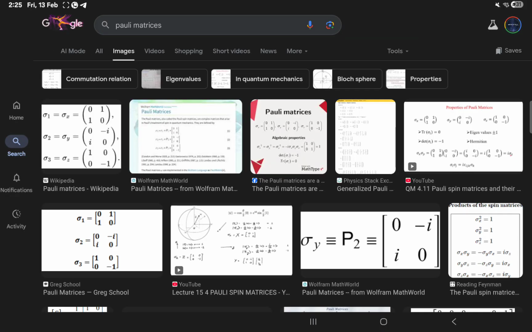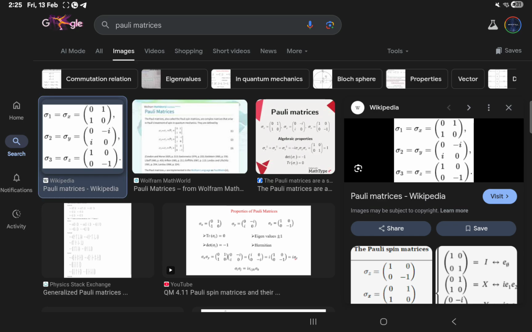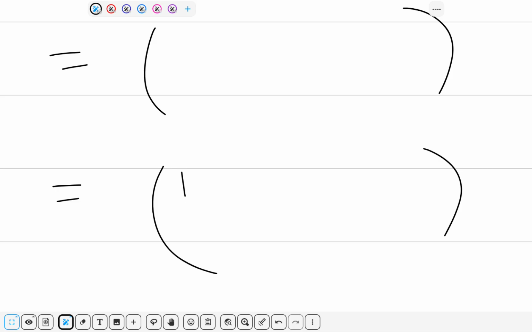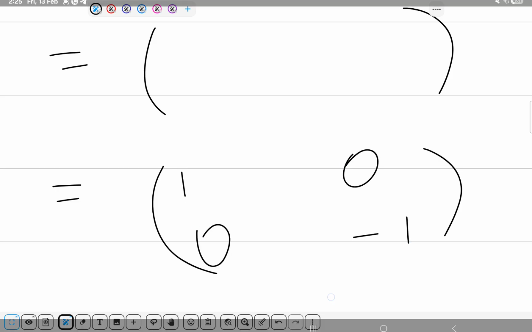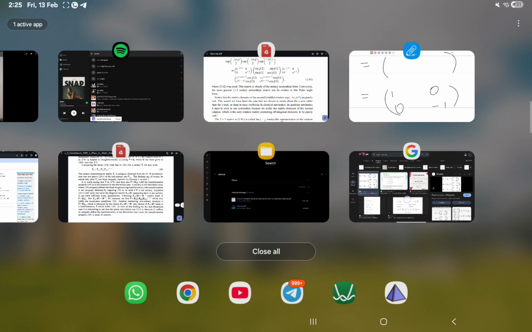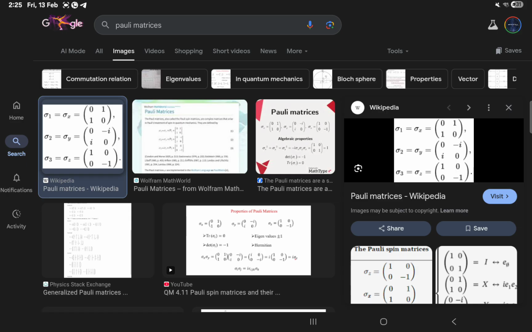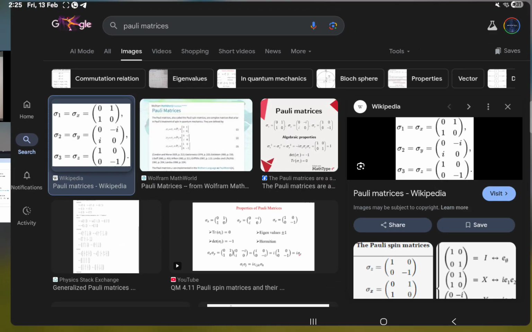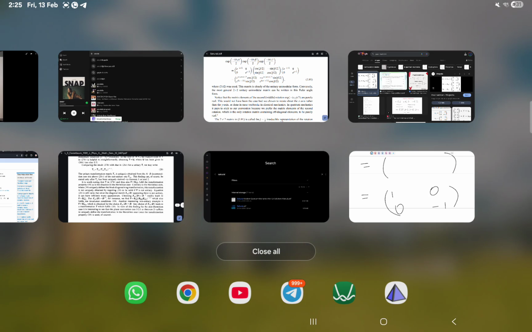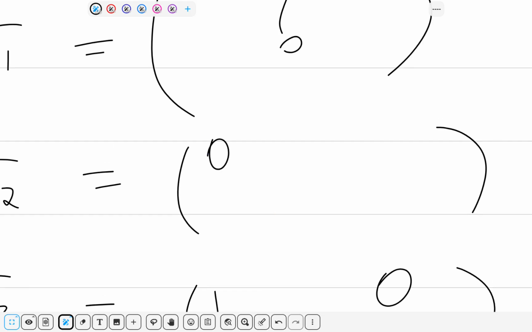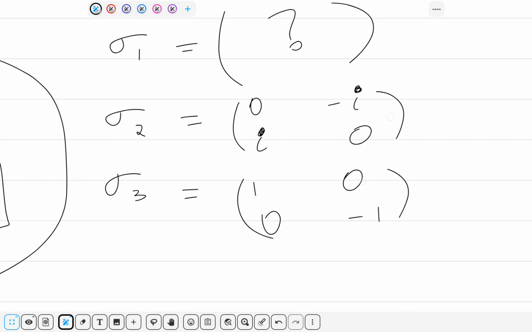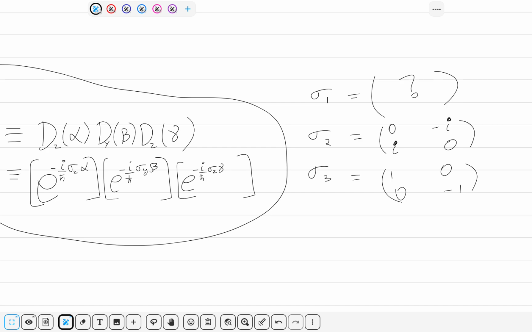Here we go. So this is 1, 0; 0, minus 1. And sigma 2 is 0, minus i; i, 0. And this one is not necessary. So let me just calculate these values.